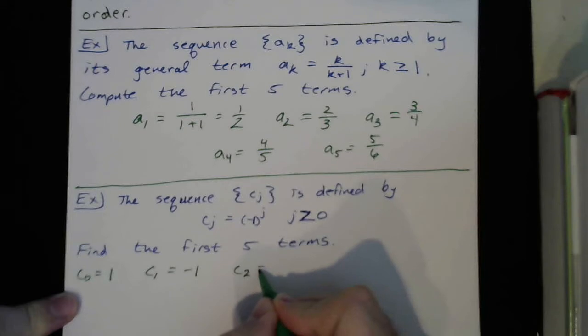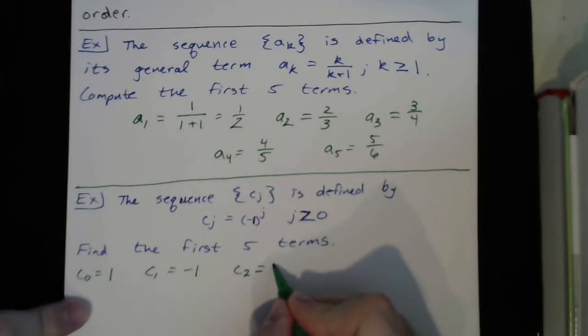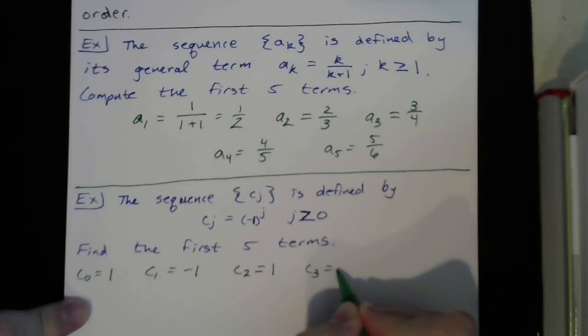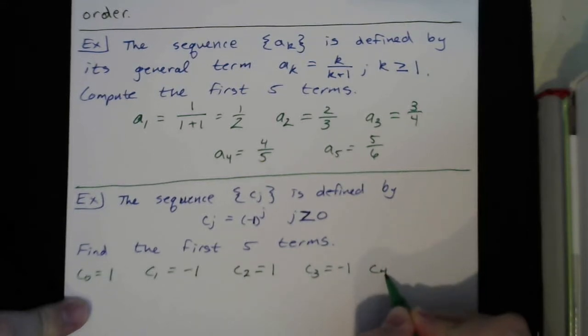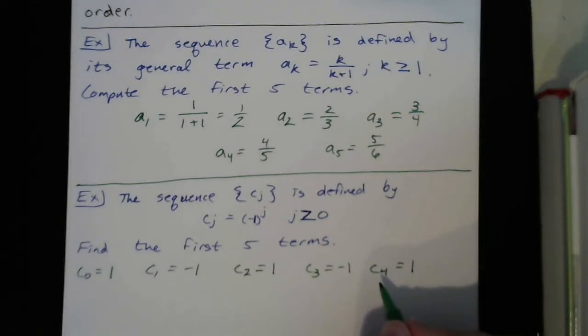And c2, (-1) squared is 1 again. c3 is -1. c4 is +1, (-1) to the 4th power. And so we have our first 5 terms.